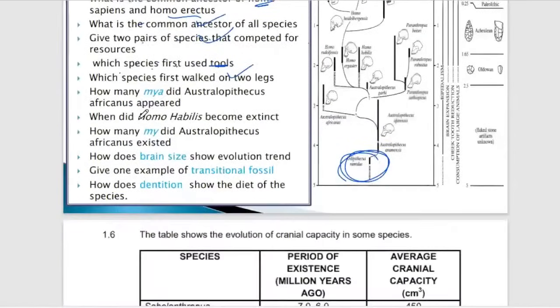Then they're asking you another question: how many million years ago did Australopithecus africanus appear?